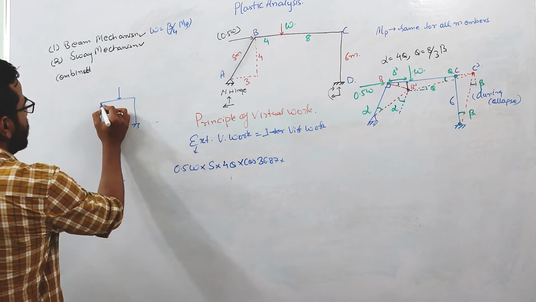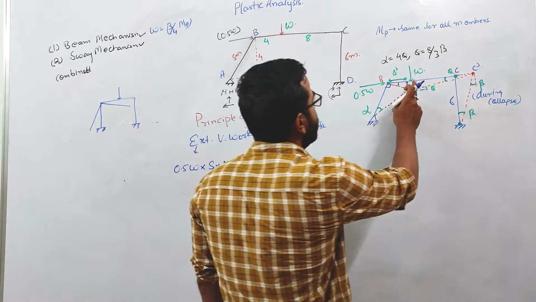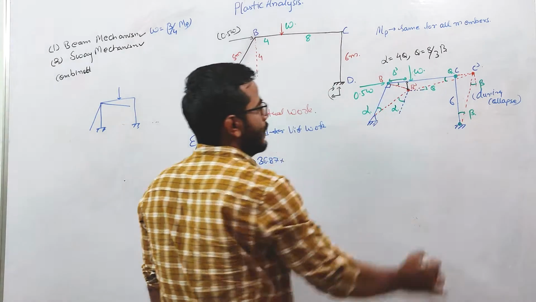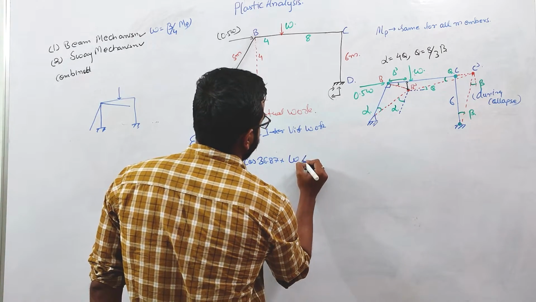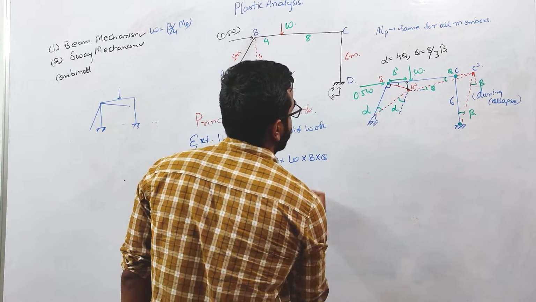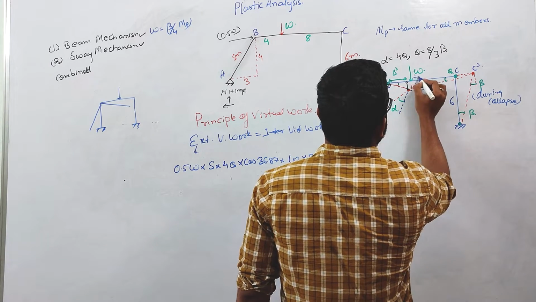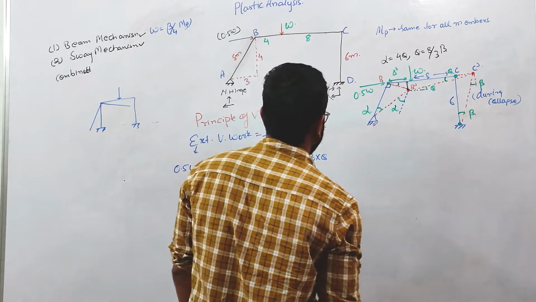But here you can see that if you incline the column, this member BC will also rotate. So there will be some work done due to this W load also, which will be equal to W into 8 theta. This W is acting at a distance of 8, so this will be 8 into theta.